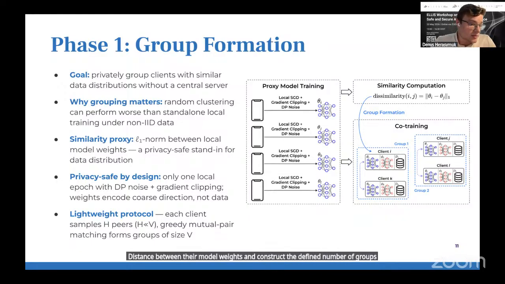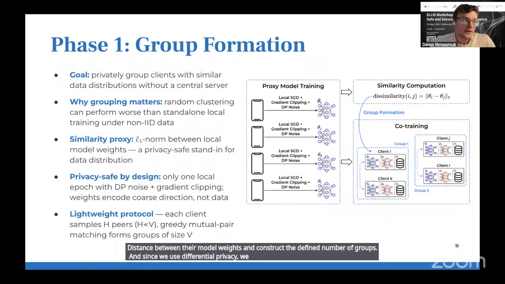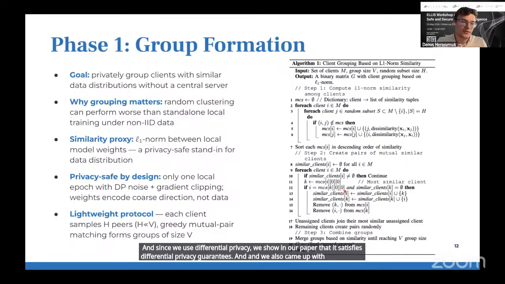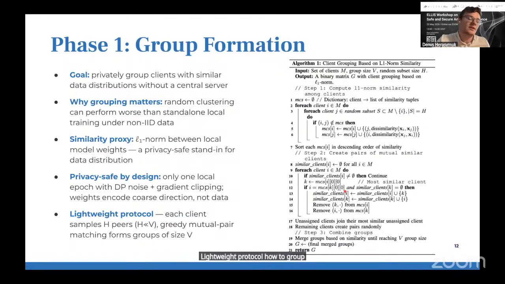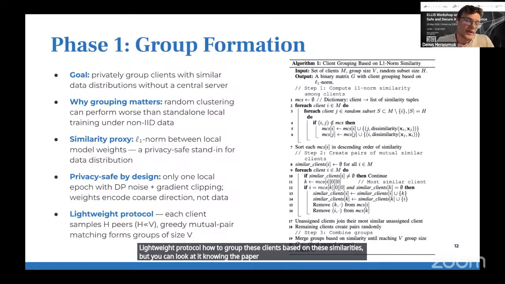Since we use differential privacy, we show in our paper that it satisfies differential privacy guarantees. We also came up with a lightweight protocol to group these clients based on these similarities, but you can look at it in more detail in the paper.